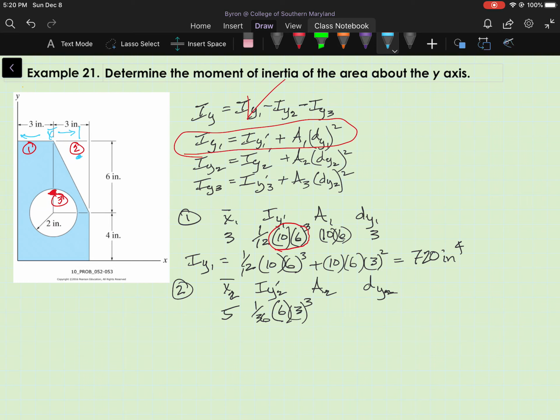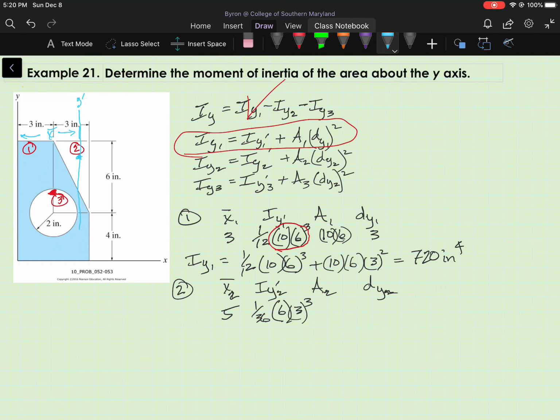And we're taking the moment of inertia about this y prime axis, about the y prime axis going through the centroid.